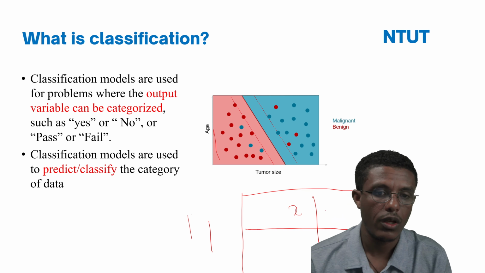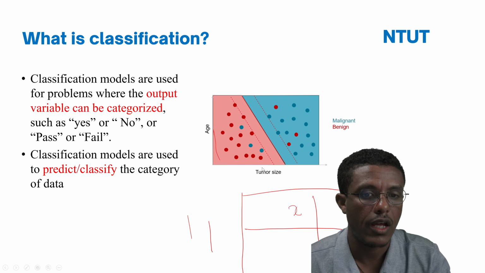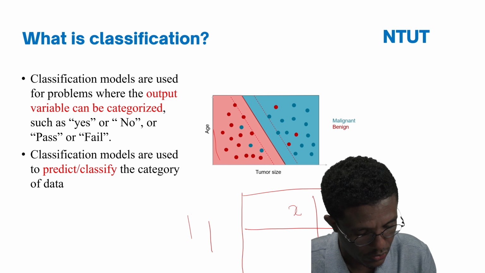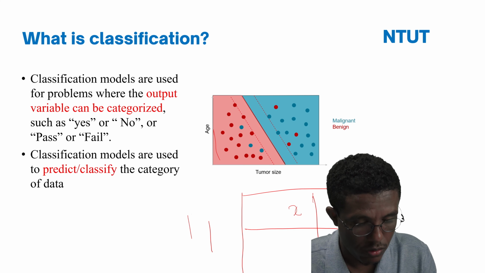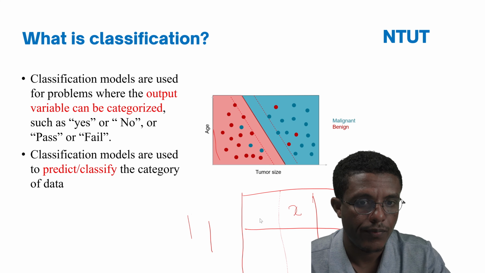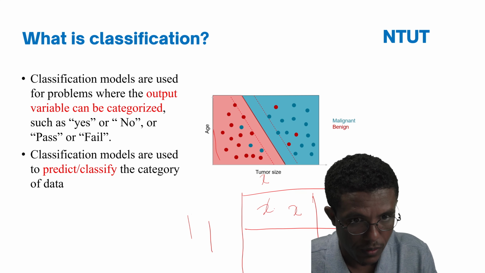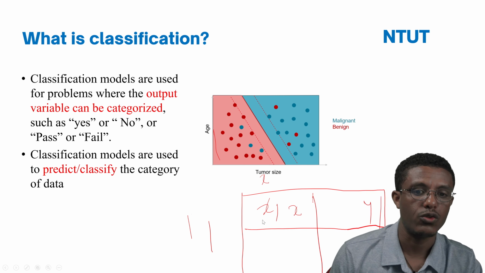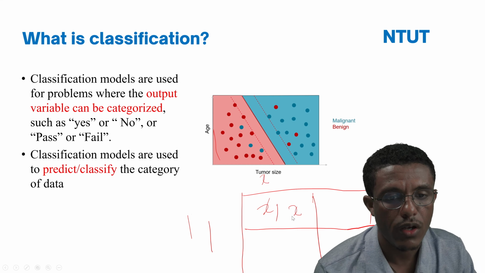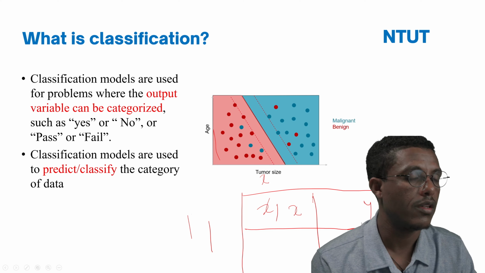The x value has the tumor size and the age, so we can define them as x1 and x2. X1 and x2 represent the age and the tumor size, and y represents the expected output.